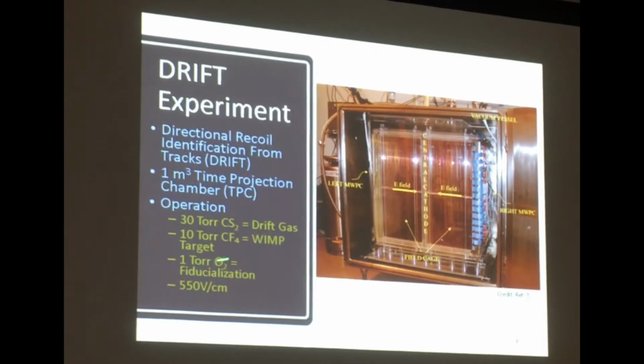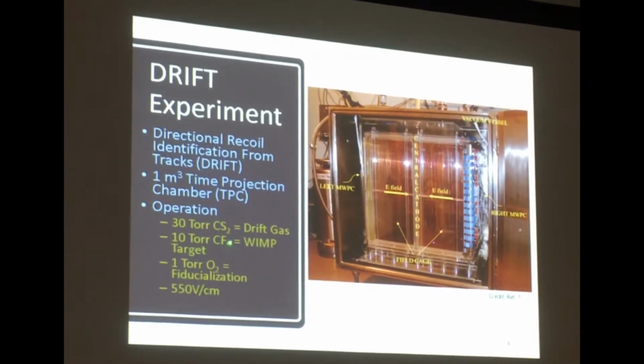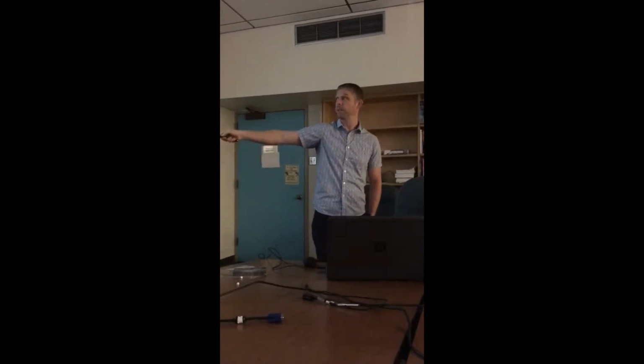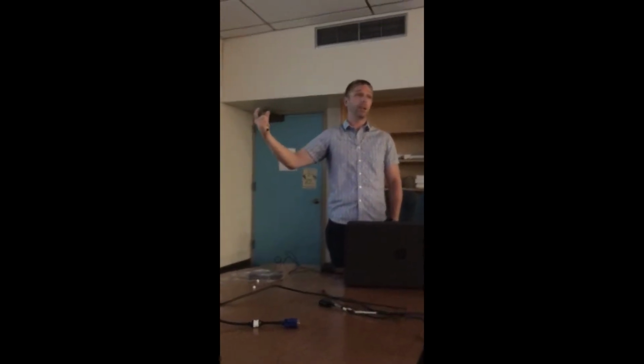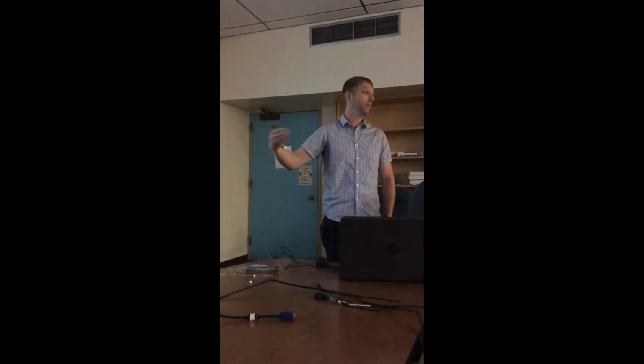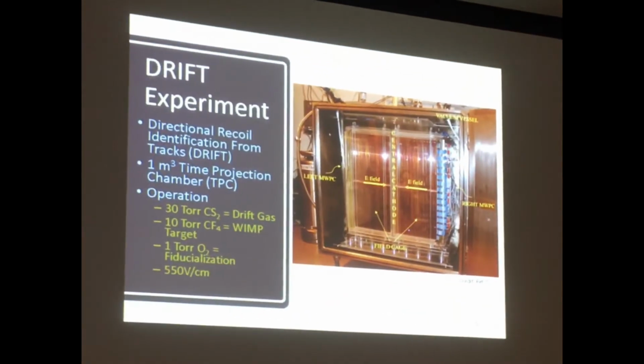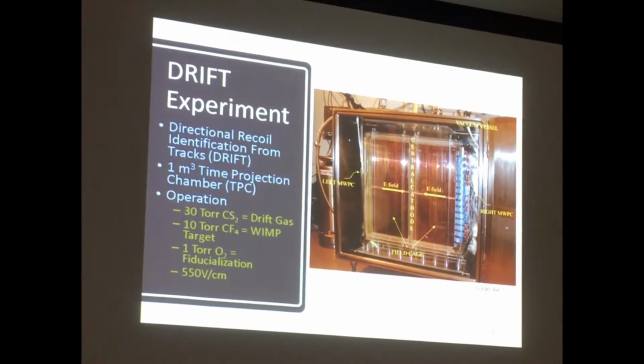But I want to focus on this component here, the 10 torr CF4. That is the target for the spin-dependent WIMP interaction, and specifically fluorine is the target, the sensitivity to dark matter. And then here's the DRIFT experiment.